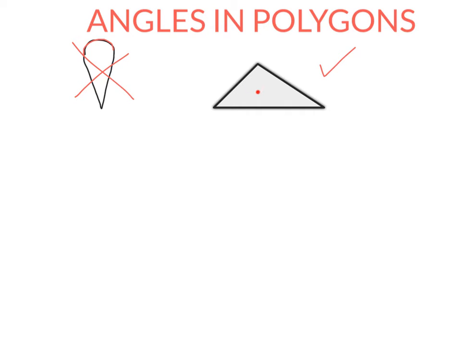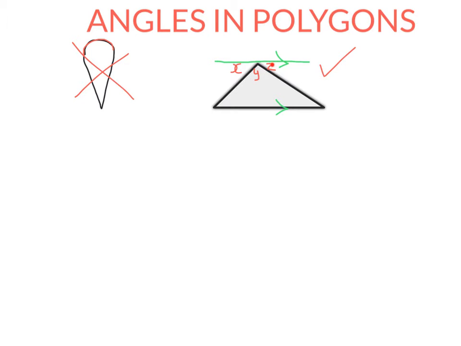For any triangle like this, what I can do is draw a line up here that is parallel to the base of the triangle. I'm going to call this angle X, this angle Y, and this angle Z. Now, because of alternate angles, this angle here and this angle here are alternate.